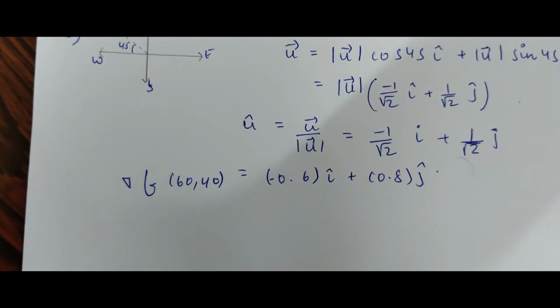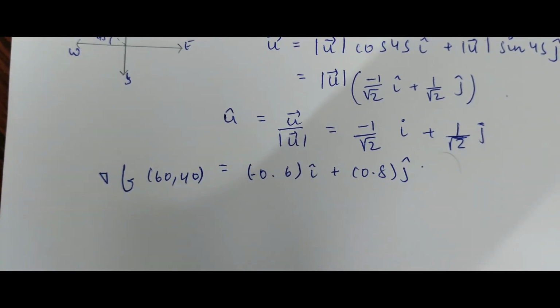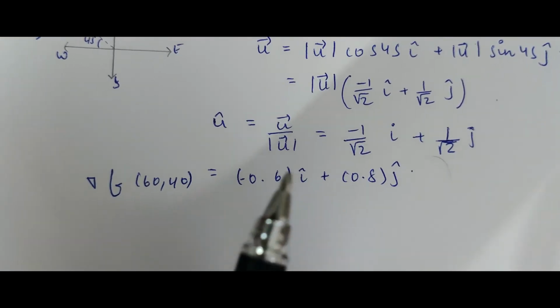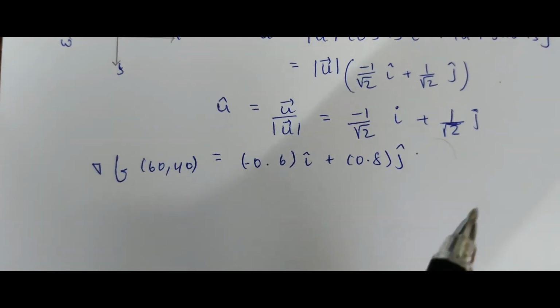As I was saying, we know that the directional derivative is given by the gradient dotted with the unit vector.